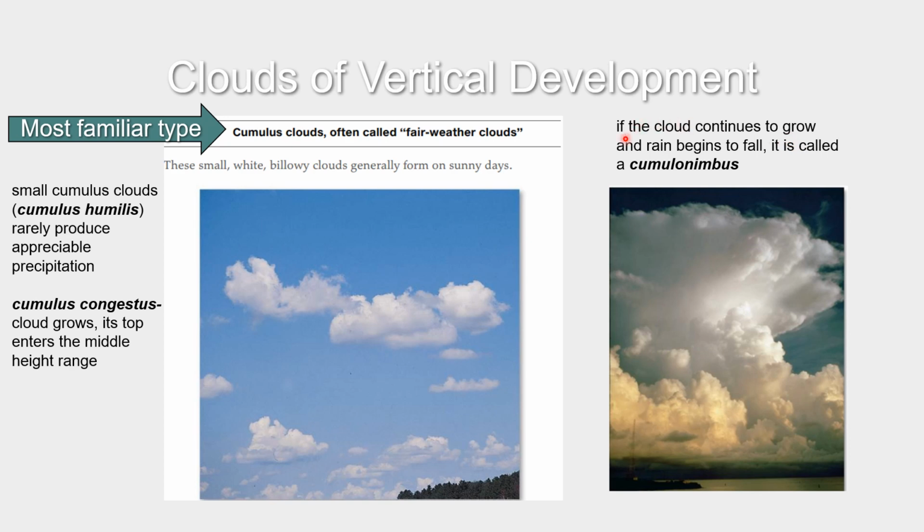If it becomes cumulonimbus, that means the cloud continues to grow and the rain begins to fall. And this, as shown in this picture, is the dense billowy cloud that has a great vertical extent and can produce heavy precipitation and violent thunderstorms.